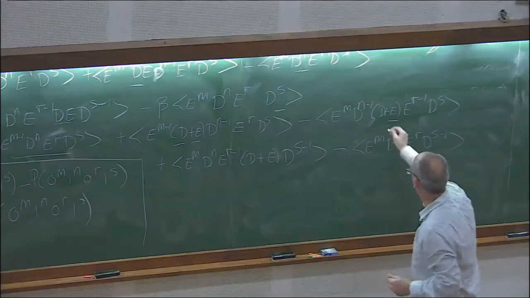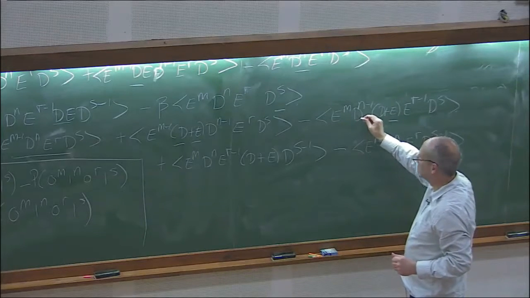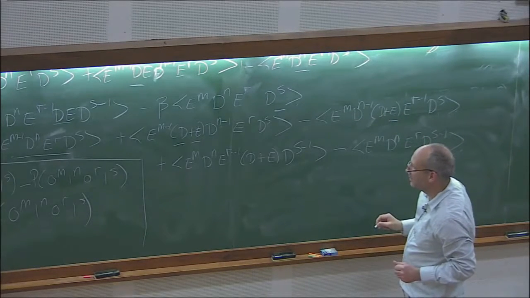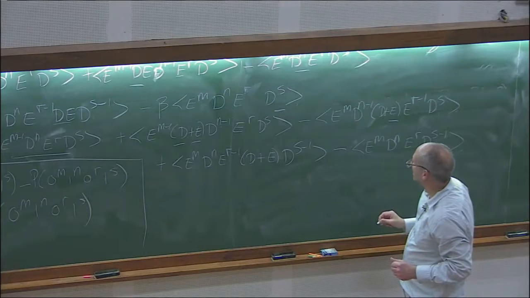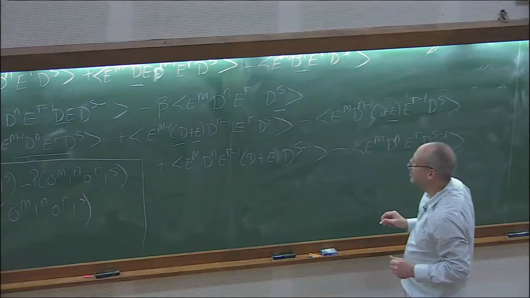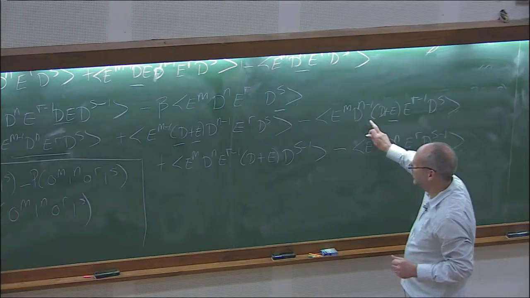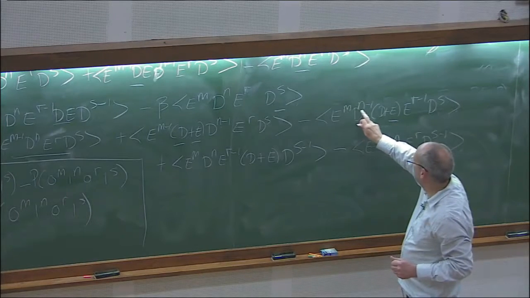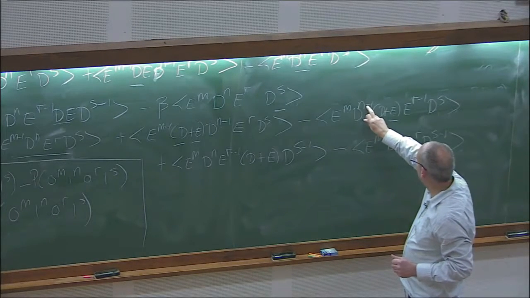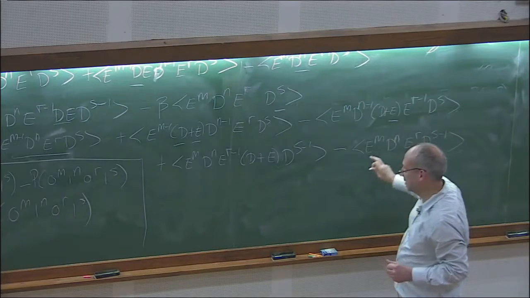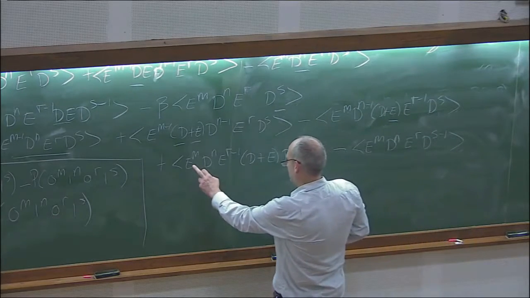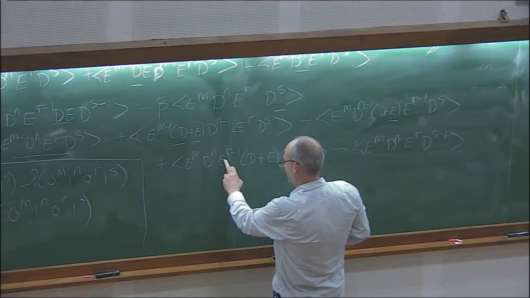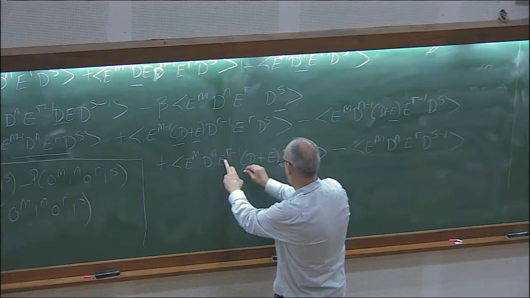This one, I've got m n. Then this one is m, the D here, so n, r minus 1 s. And that's m, n, r minus 1, and then this term will give me s.